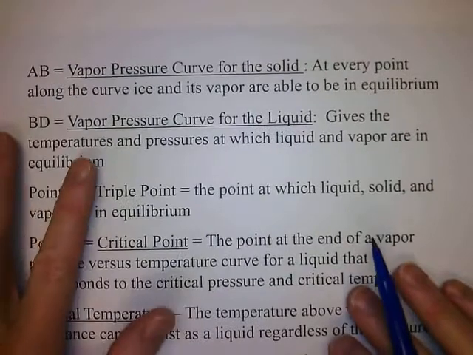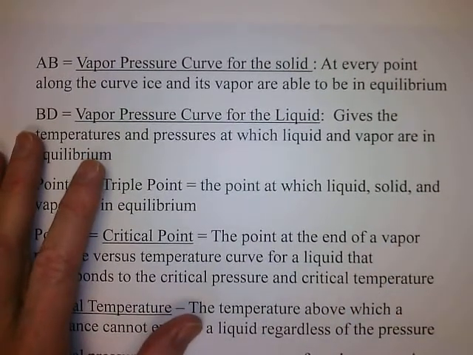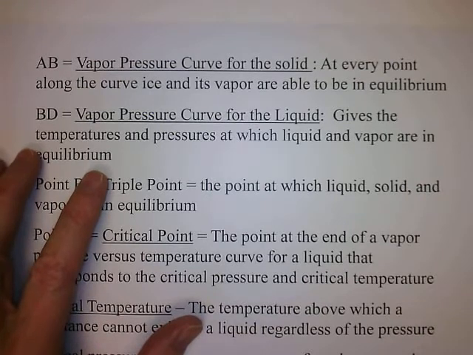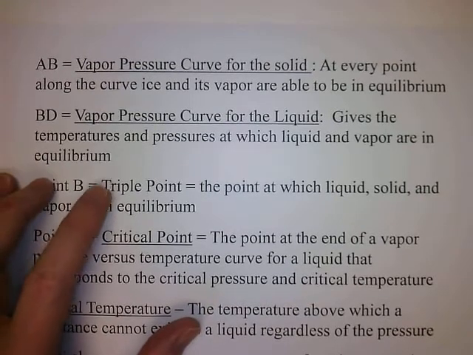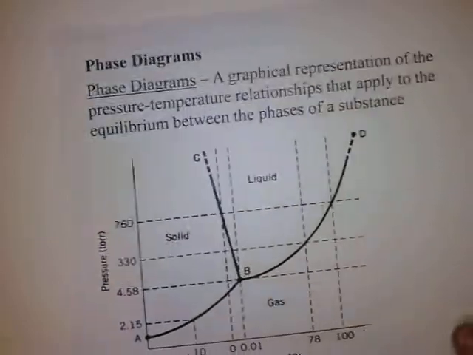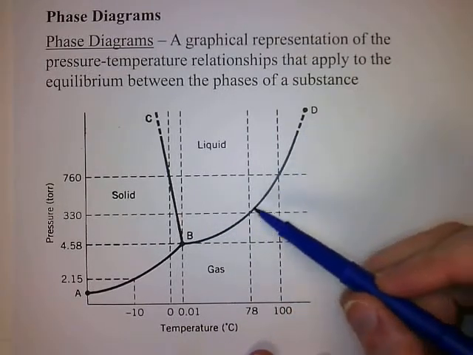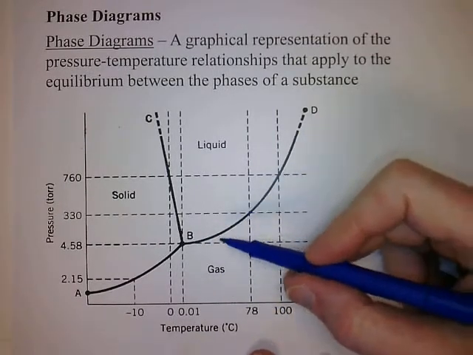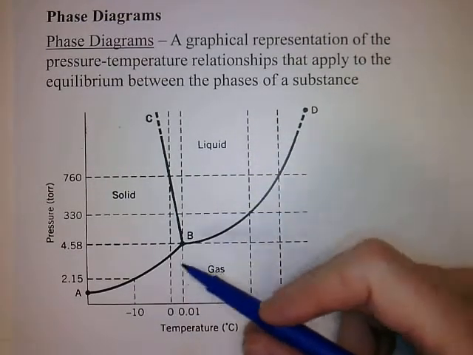Curve BD, that is the vapor pressure curve for the liquid. This gives the temperatures and pressures at which liquid and vapor are able to be in equilibrium. So on one side of this curve you have liquid, and on the other side you have gas.